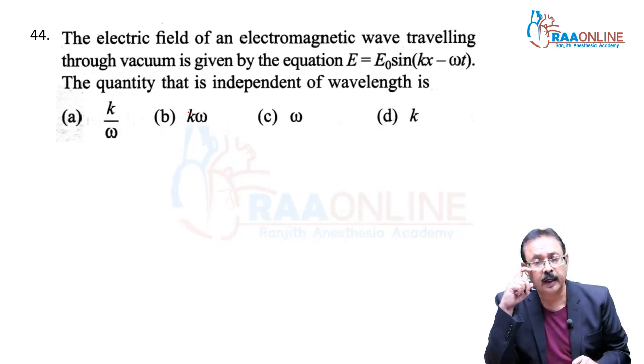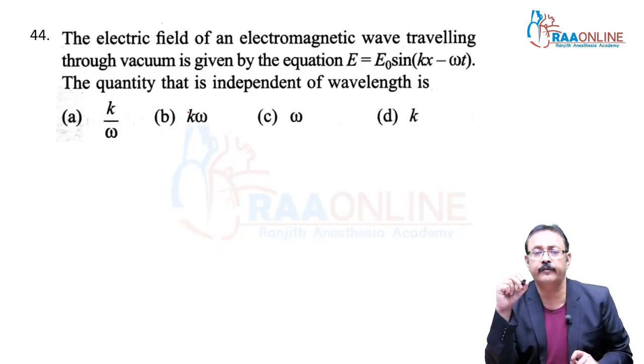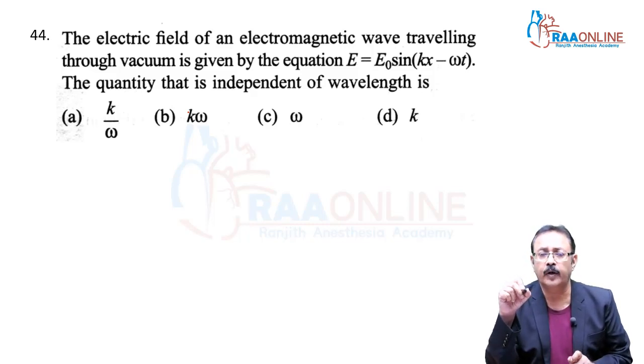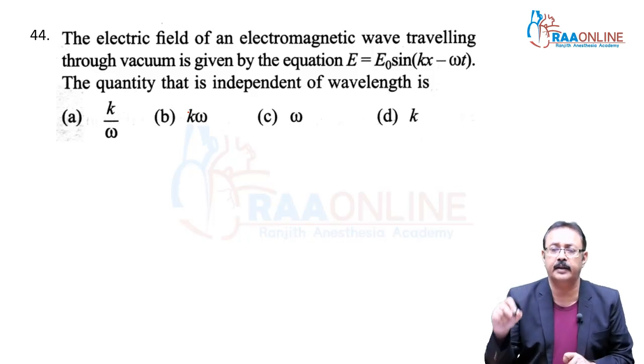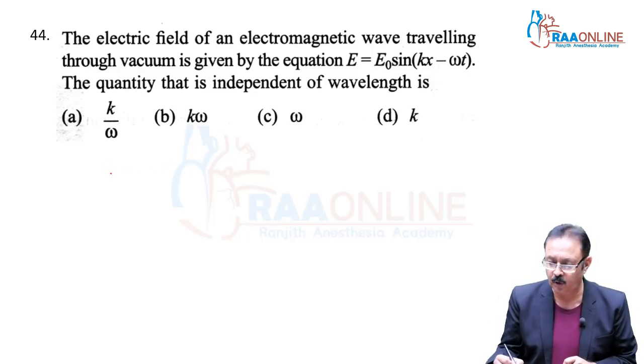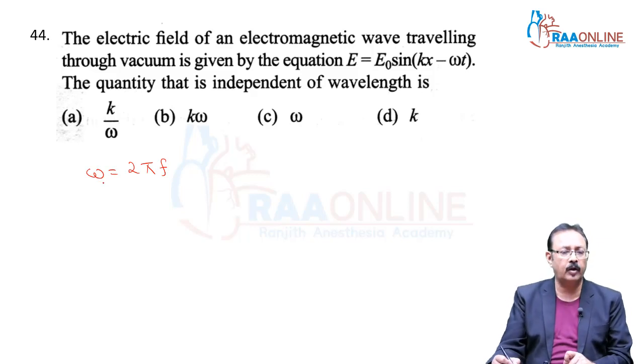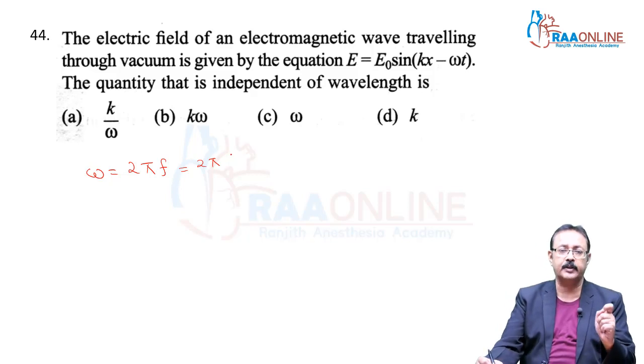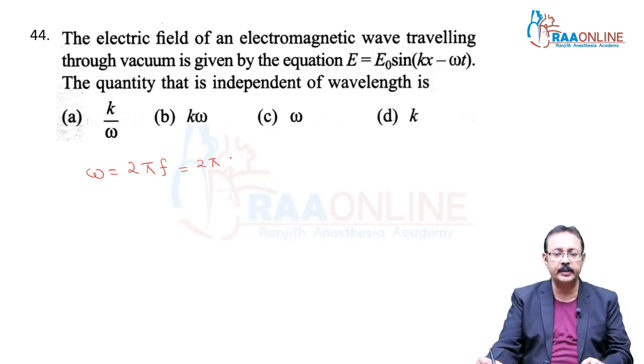44th. The electric field of an electromagnetic wave traveling through vacuum is given by the equation. The quantity that is independent of wavelength is, we know that omega stands for 2 pi into frequency. So omega alone is not independent of lambda because frequency is, what is speed? Speed is equal to frequency into lambda, so frequency we can write speed upon lambda.